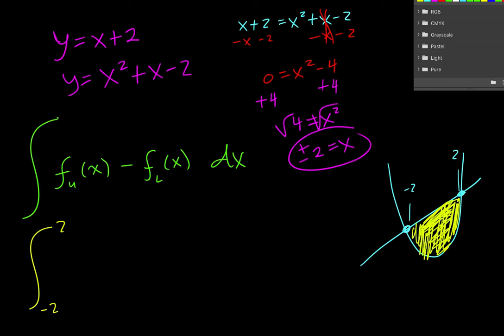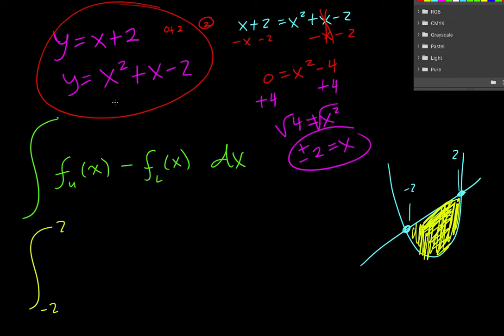But if you're ever not sure, if you can't conceptualize what these look like, you can always choose any number in between here, plug it in for both functions, and see which one gives you a higher value. Now I'm going to plug in 0. If I plug in a 0 to the top, I get 0 plus 2, and so the answer is 2.